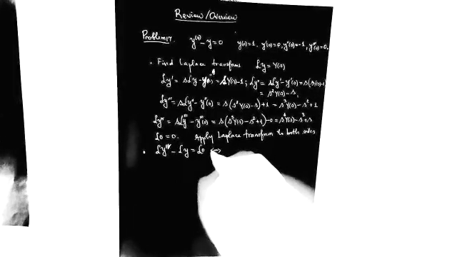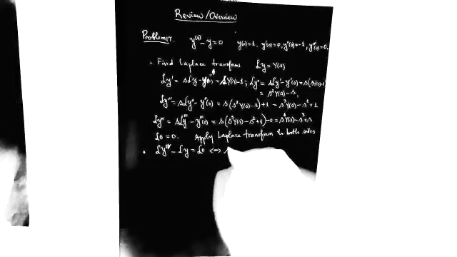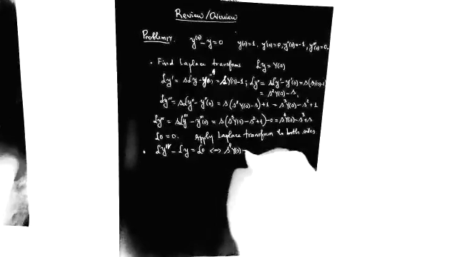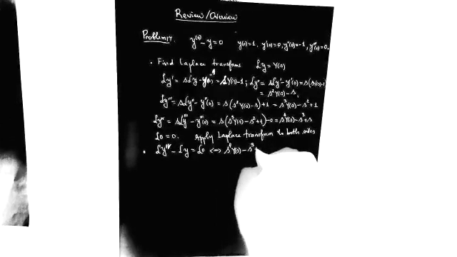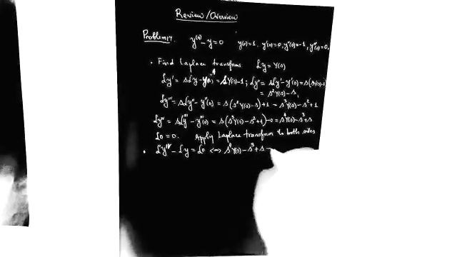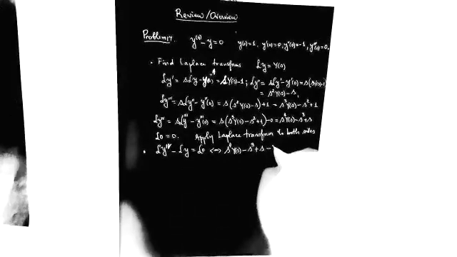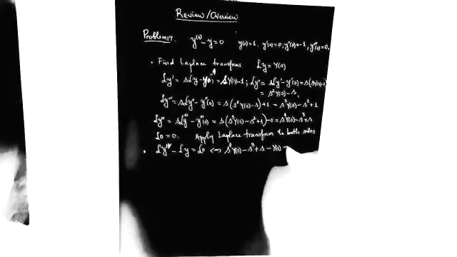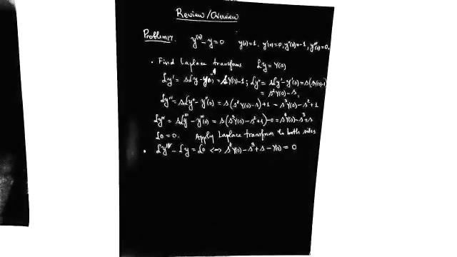And that gives you s to the fourth Y of s minus s cubed plus s minus Y of s equals 0.